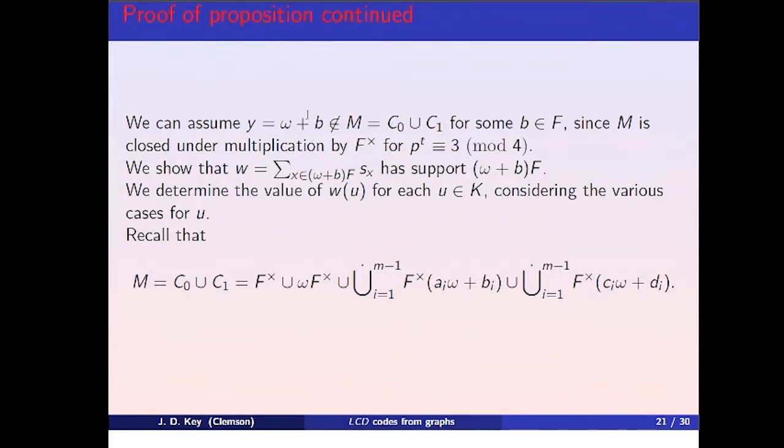I should have said that, because if it was 0, it would be in here. M, of course, is closed under multiplication by F cross, so it's quite easy to see that you can write Y like that.